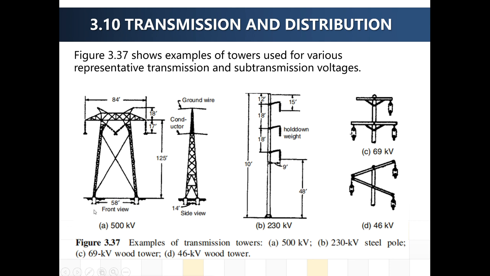We can see this tower has a pretty wide range at 84 inches, and the bottom end is 48 inches. This can carry two lines at the same time. This is one side. This is the other side.